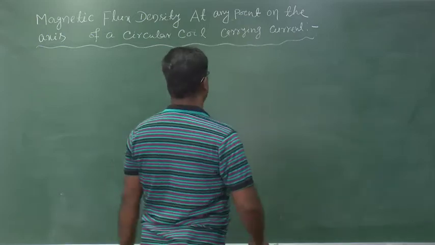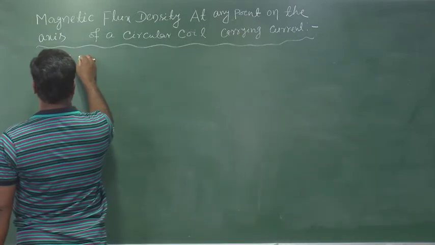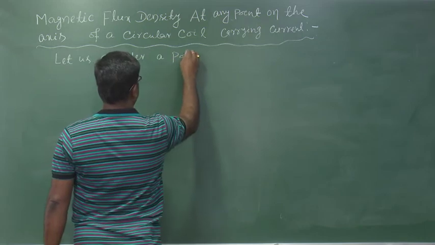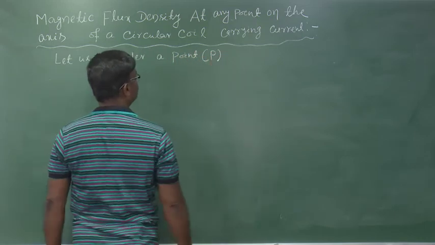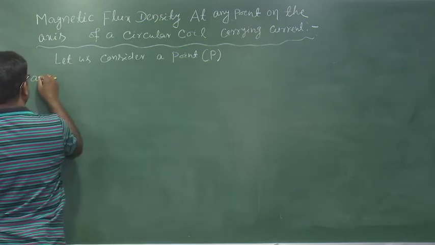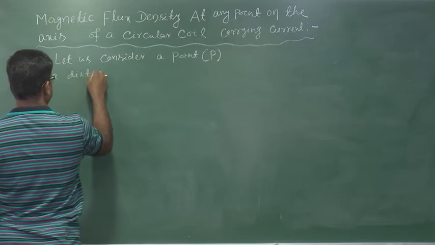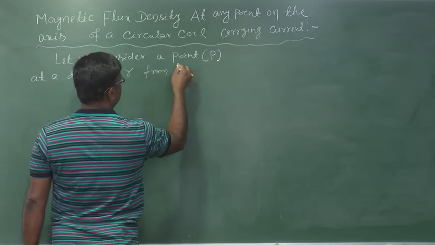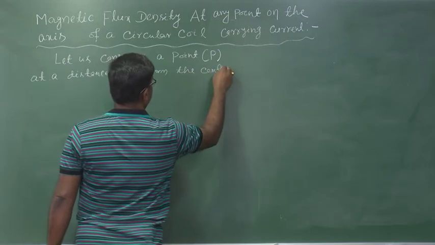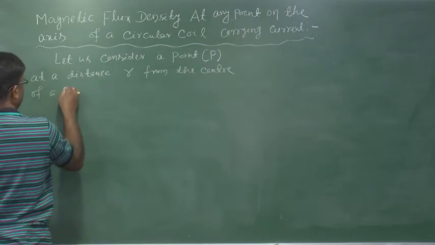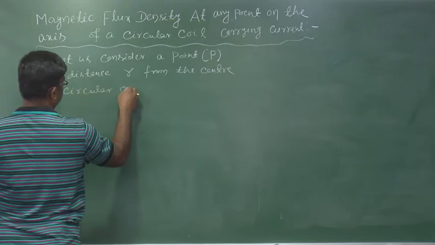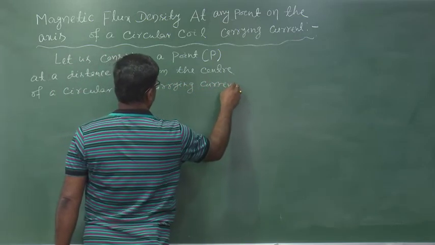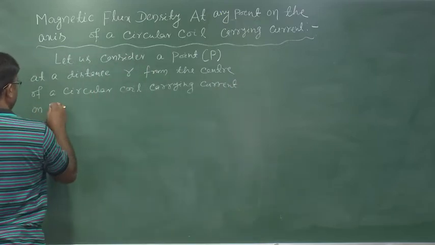So, let us consider a point, let it be P, at a distance r from the center of a circular coil carrying current on its axis.